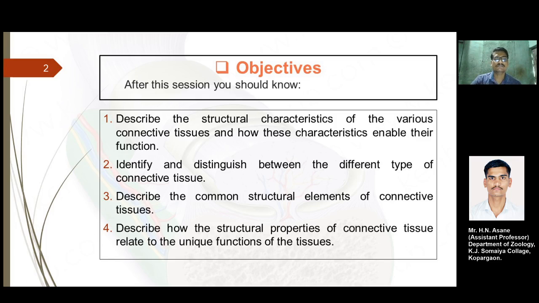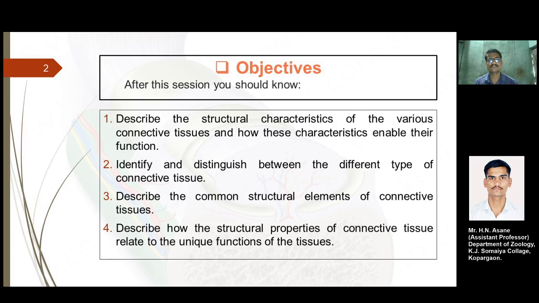You should describe the common structural elements of connective tissue, with proper elaboration and identification of the connective tissue, their particular positions, and how they look, which we are going to see.